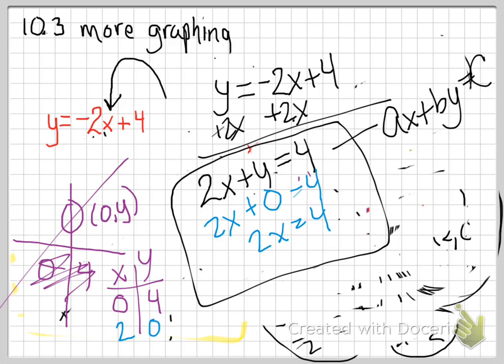When I spend a lot more time on this in class, we call it the cover method, because I take my finger and cover this and ask them to solve, and they go y is 4. So the y-intercept is 4. Then I cover this one and ask, what's x? And they say the x is 2. So we call it the cover method, and they can find x and y intercepts easily.